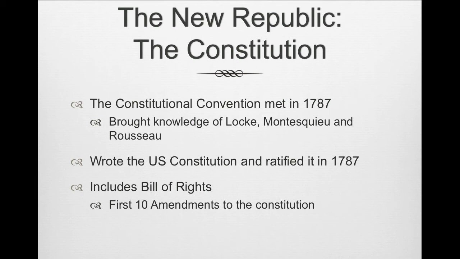These men bring knowledge of John Locke, Baron de Montesquieu, and Rousseau, and they come together and create a government in the U.S. Constitution. The Constitution is written and ratified in 1787. It included a Bill of Rights, which is the first 10 amendments to the Constitution, as well as some other parts.